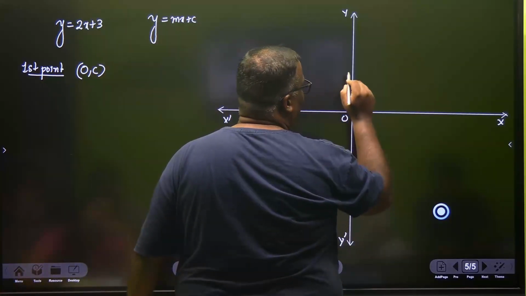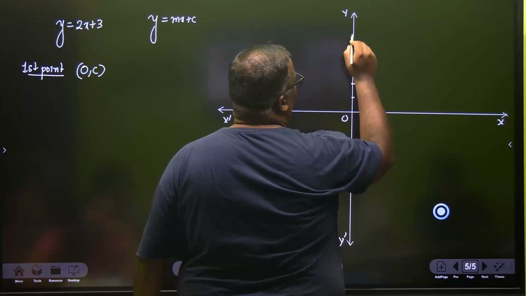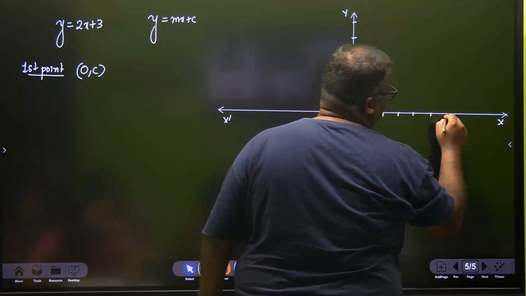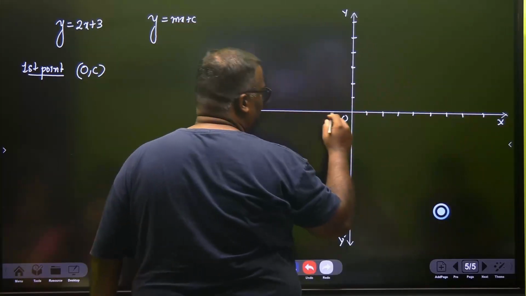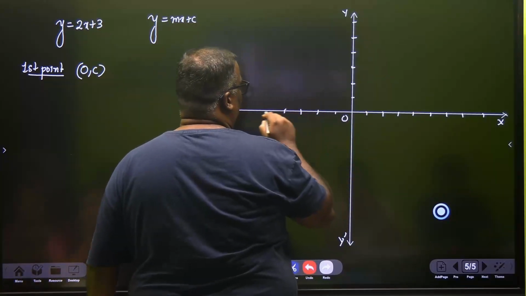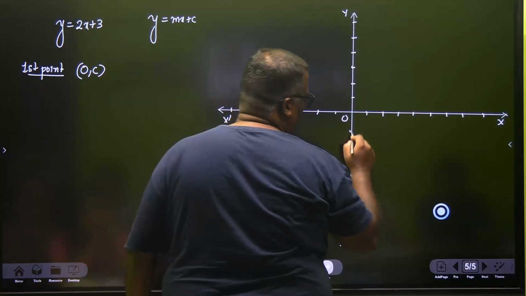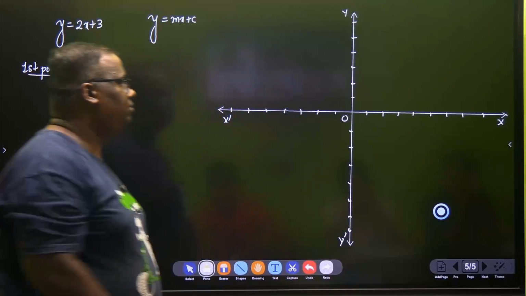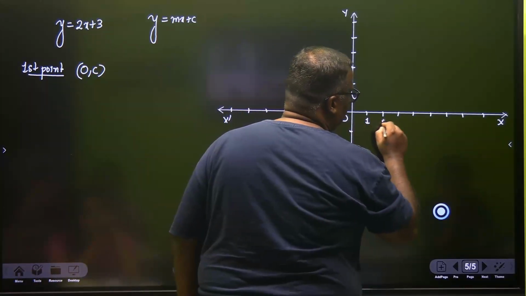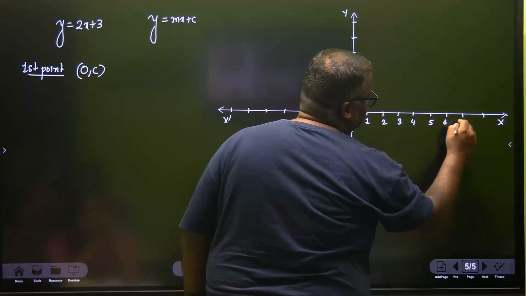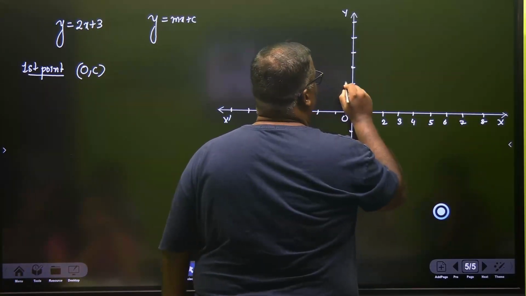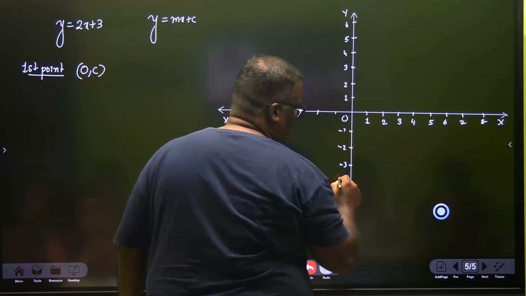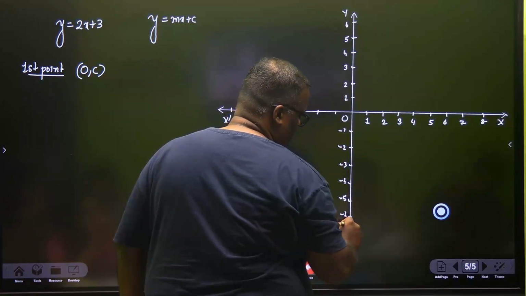So let's mark 1, 2, 3, 4, 5, 6, 7, 8 on the axis, and similarly on the other side, and I start numbering them 1, 2, 3, 4, 5, 6, and negative 1, negative 2, negative 3, negative 4, negative 5, negative 6, negative 7.